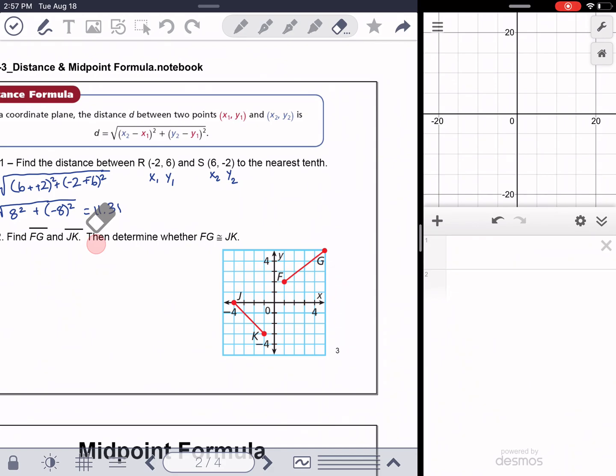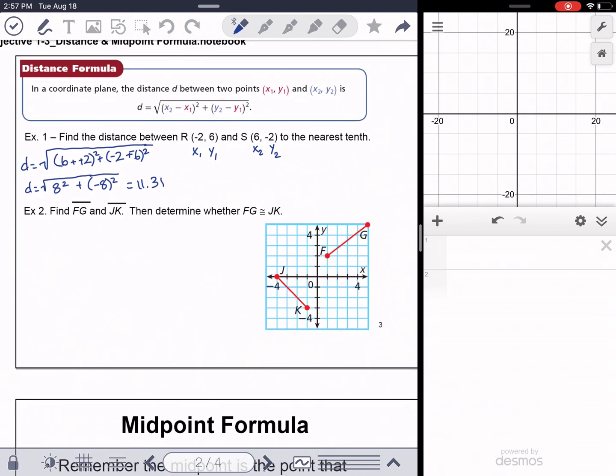I'm going to go on to my next problem. It says, find FG and JK, then determine whether they're congruent. So, JK, well, wow, you can't count because you're on a diagonal. So let's use the distance formula. We got to measure some lengths here. I need the coordinate for J. What is that?